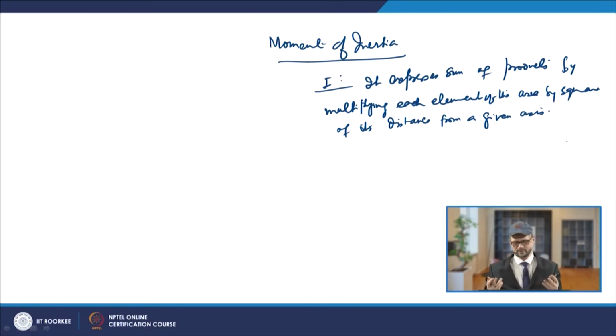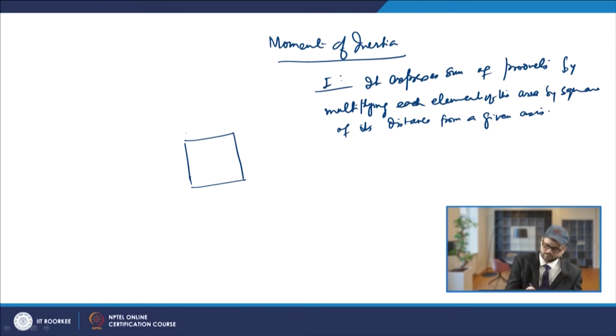If you talk about any rectangular section with different axes of reference, although you have different methods of finding the moment of inertia, suppose this is B and this is D, and you are talking about this axis, which is basically the neutral axis, and this becomes the axis of reference.